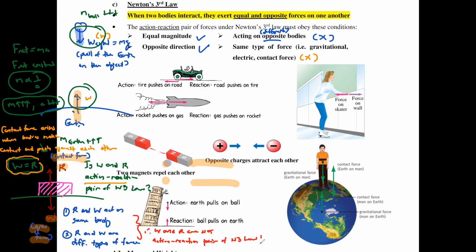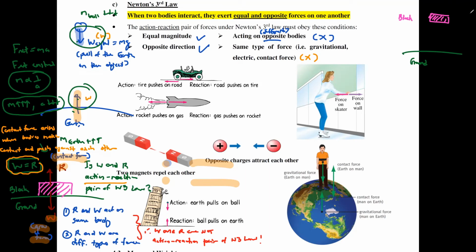Now, then what actually is the action-reaction pair of Newton's third law? Say right now, this is the ground, and this here is the block. Let's say that right now what you're seeing is a snapshot of the block as it's falling to the ground. It's not yet fallen to the ground.